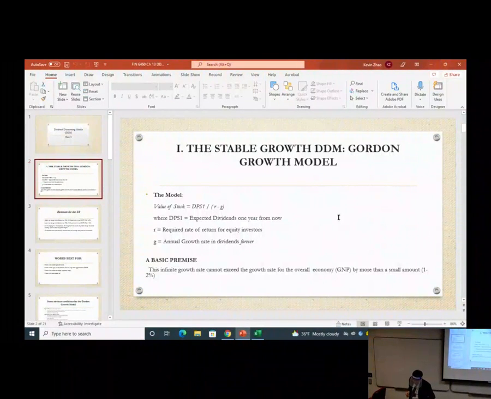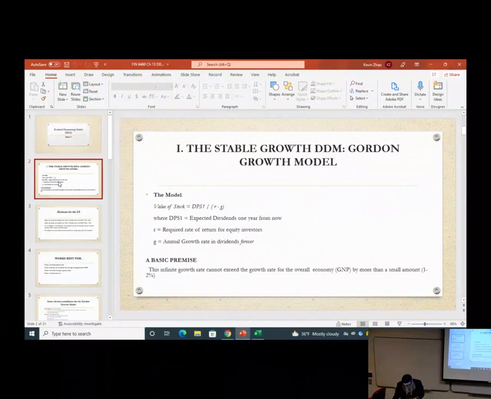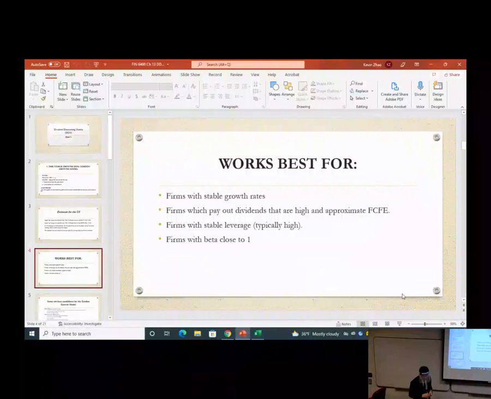You might find some exceptions. You can still use a very simple model to get a pretty nice estimation of stock price. And this dividend discounting model, you can use it, but with limitations.